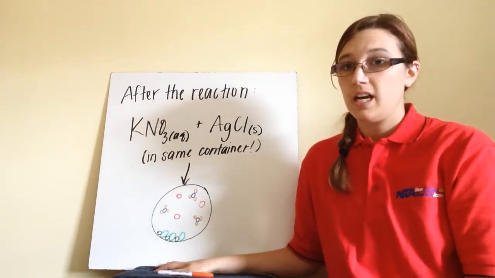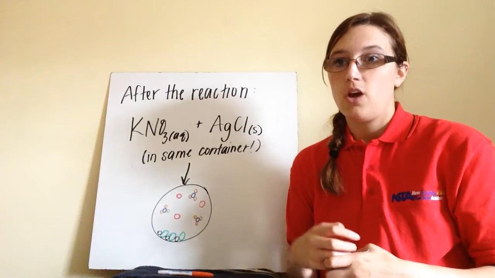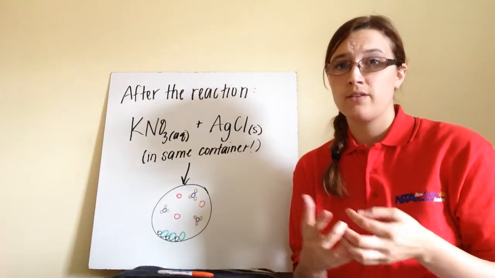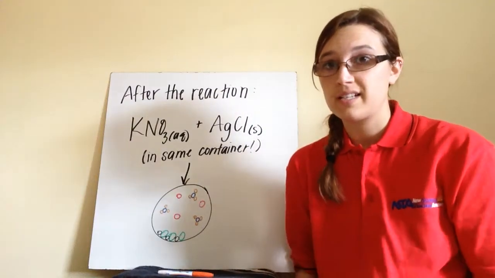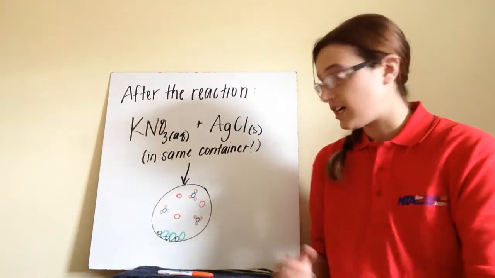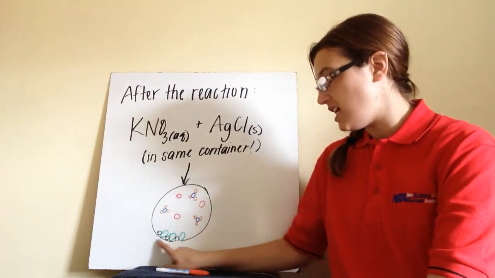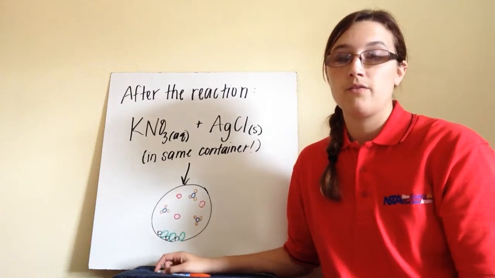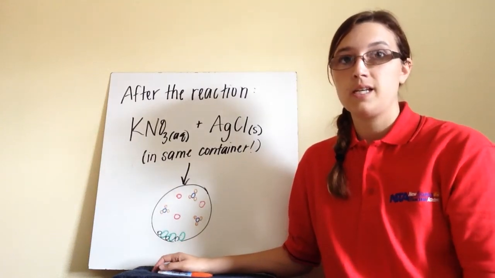What changed is the way that they were arranged. We still have our K+ and our NO3- ions floating around. That's why those are our spectator ions. They were ions before, they were ions after, and now we have these AgCl, the solid, at the bottom of our container. That's our precipitate.